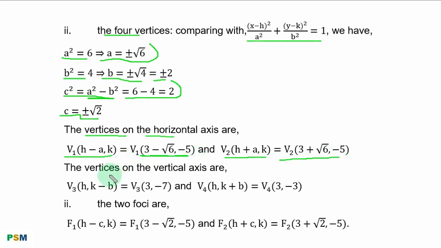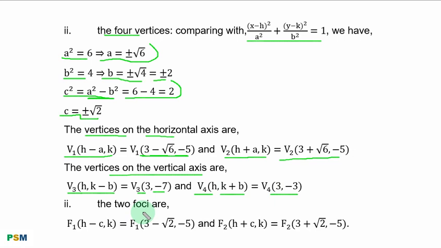The vertices on the vertical axis are V3 (h, k minus b). h is 3, k is minus 5, b is 2. So minus 5 minus 2, you have minus 7. And V4 (h, k plus b), you have (3, minus 3).